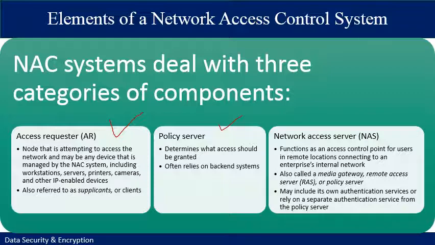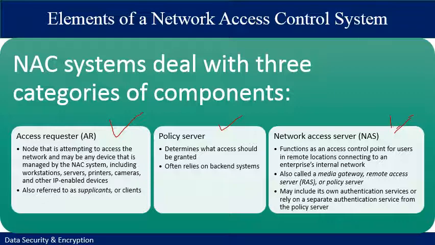The second component of network access control is the policy server, which determines what access should be granted, and it often relies on backend systems. The third component of a network access control system is a network access server, and it functions as an access control point for users in remote locations connecting to an enterprise internal network.